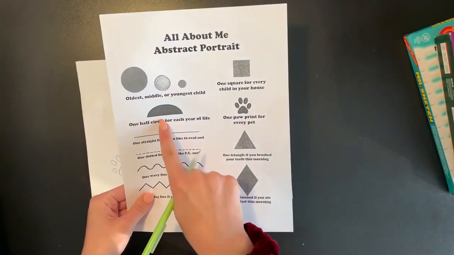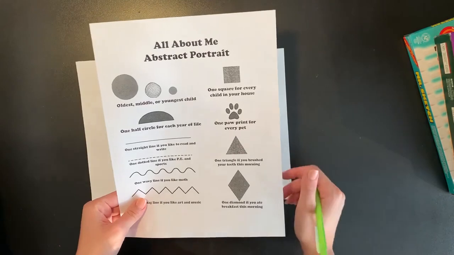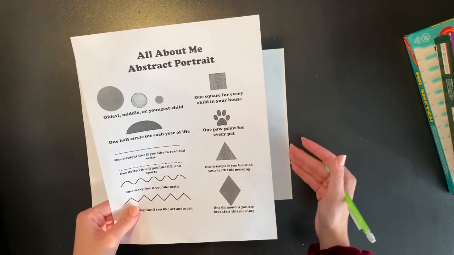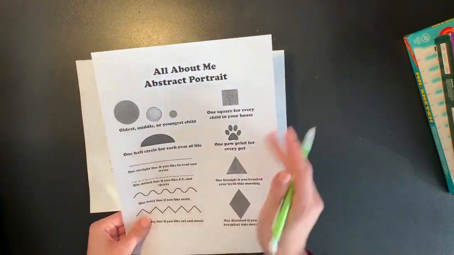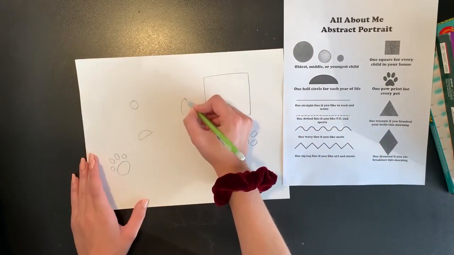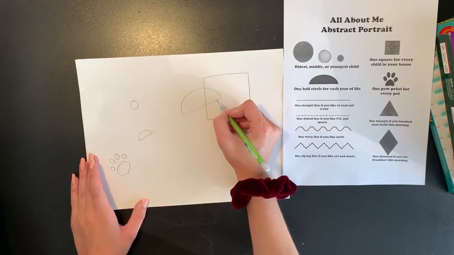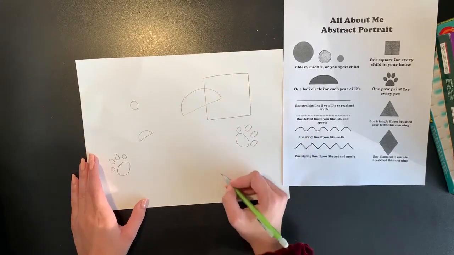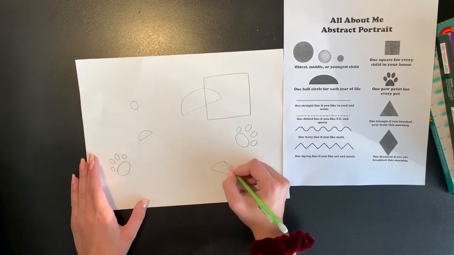Now we can add a half circle for each year of our lives. So for every year that you are old, you're going to add a half circle. So I'm going to have a lot of those. You can have your shapes overlapping. So I'm going to draw one of my semicircles nice and big over my square.